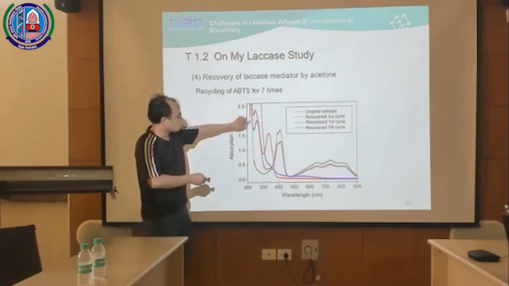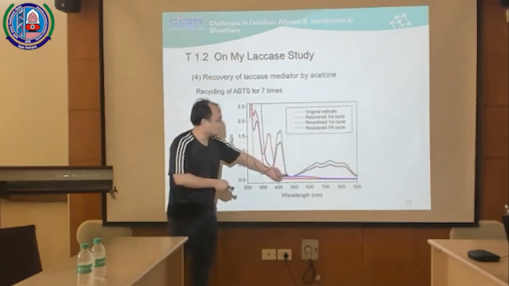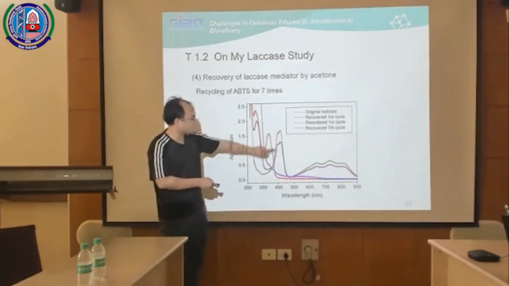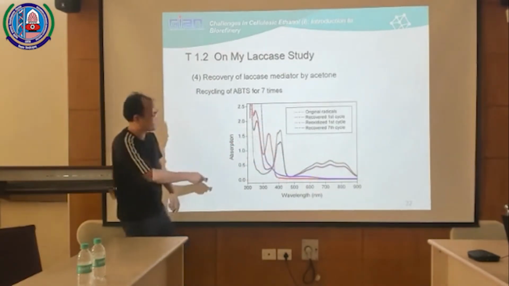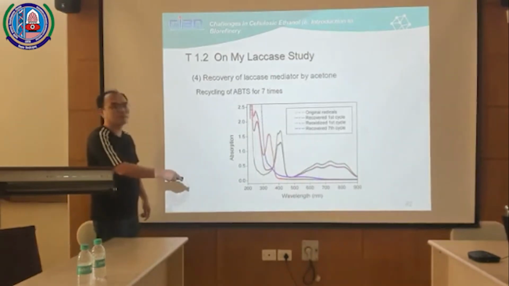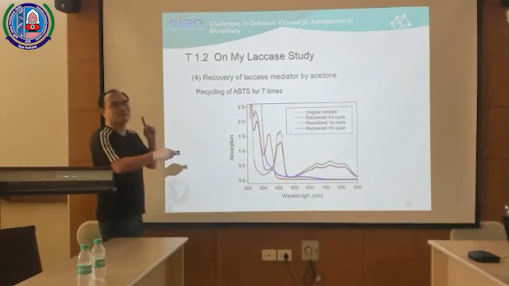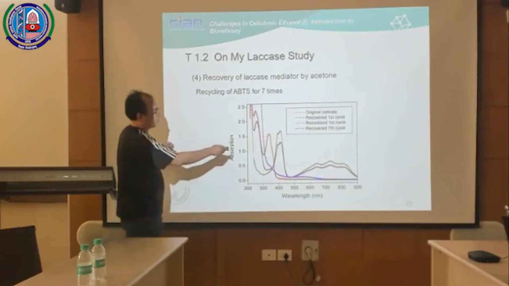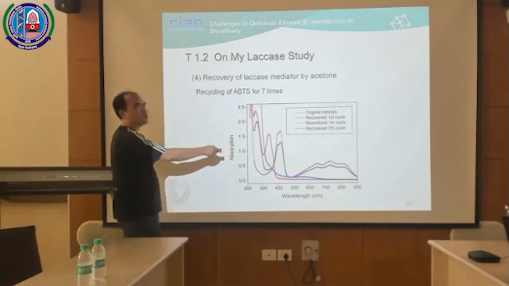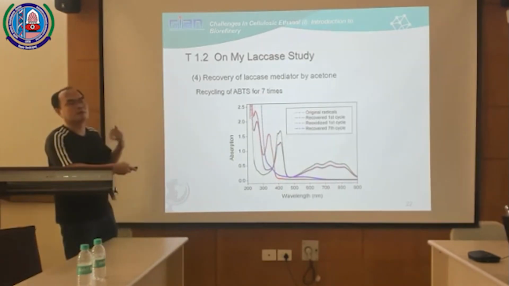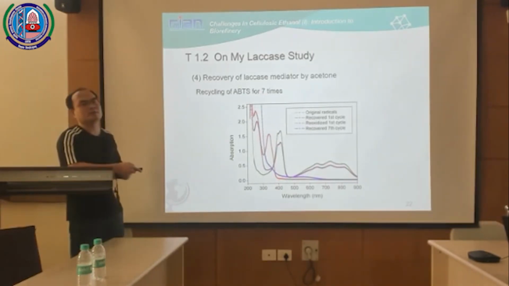First, this one is the original radical, with absorption at 420. If we recycle it one time, we found that the total ABTS radical decreased, a portion was lost.